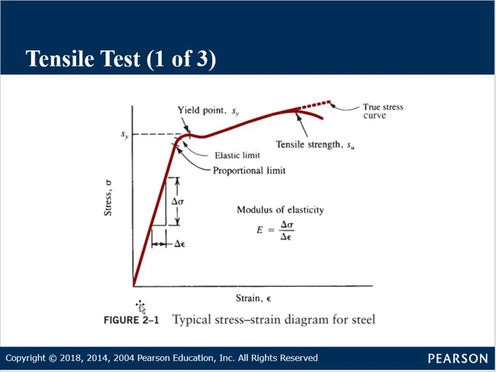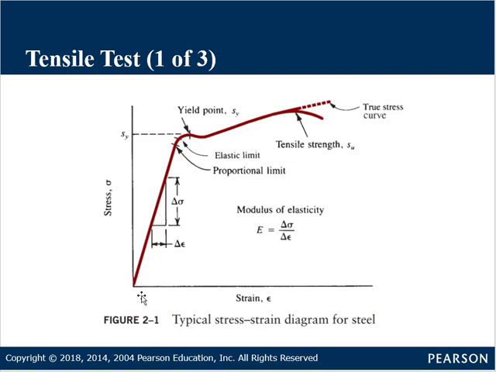If we look at this curve, we generally have a linear portion of the curve that is called the elastic range. In the elastic range, if you were to let the load go, the part would go right back to its original size. You see this is a straight line.